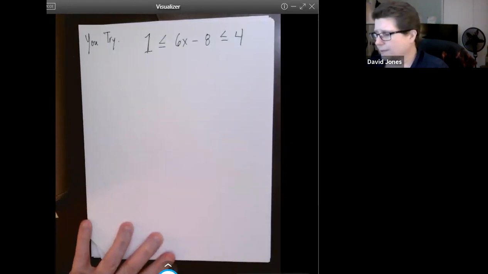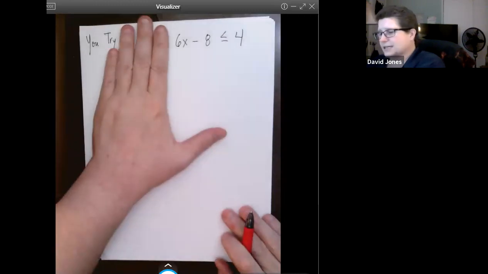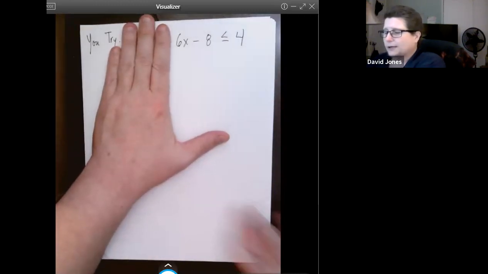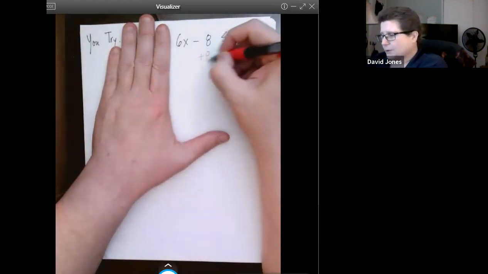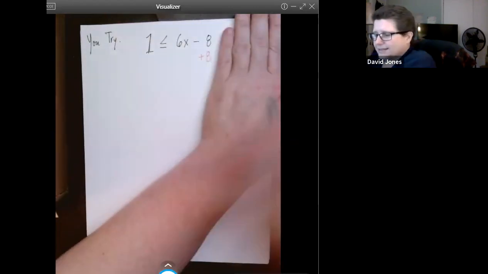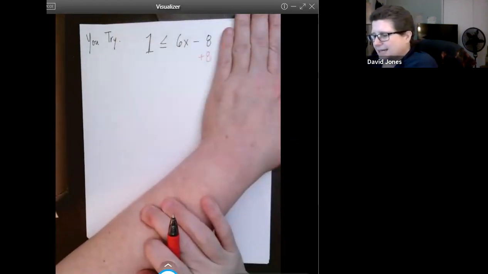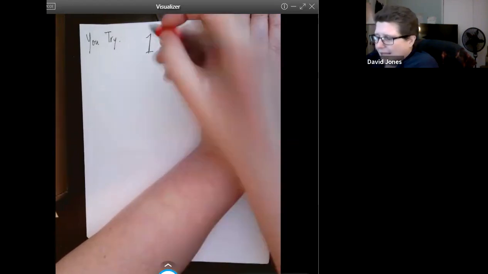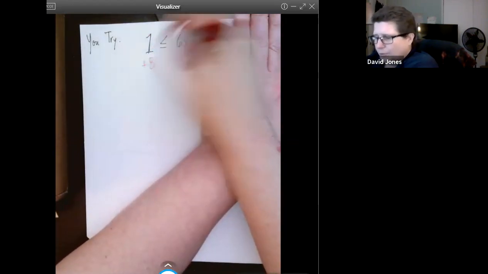Normally, if I just had 6x minus 8 is less than or equal to 4, I would add 8 to both sides. If I had 1 is less than or equal to 6x minus 8, I'm trying to get x by itself, so I add 8 to both sides. So I'll put plus 8 over there.